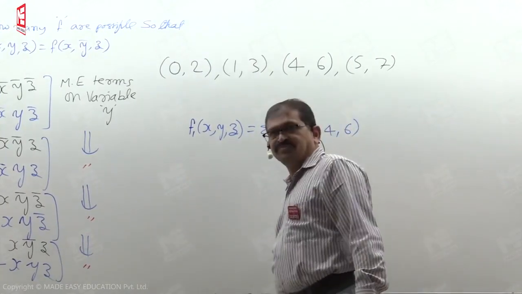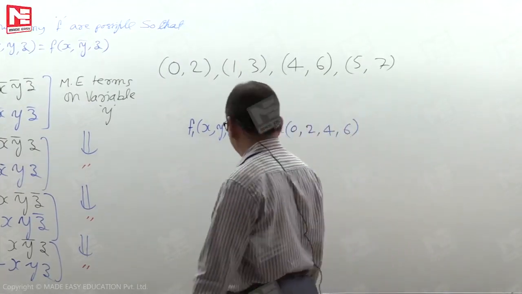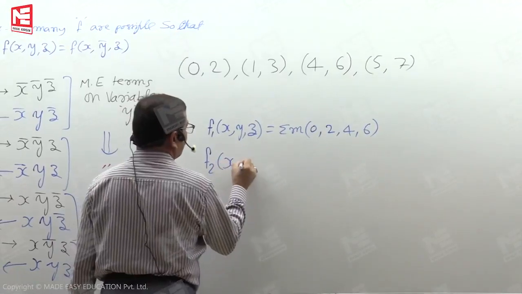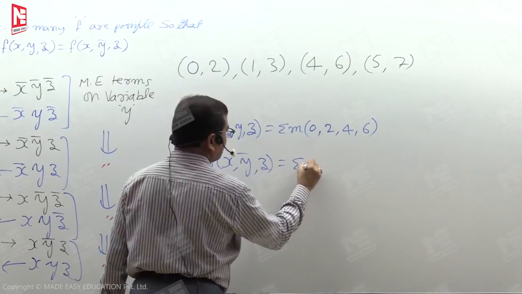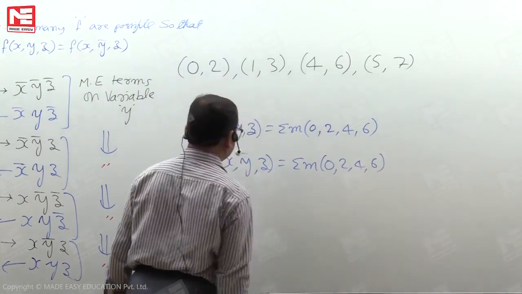The other function f2 is on x, y bar, z. Here also consider the minterms are the same: 0, 2, 4, 6.